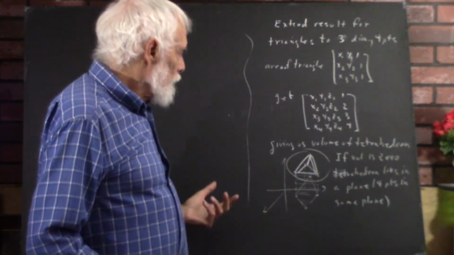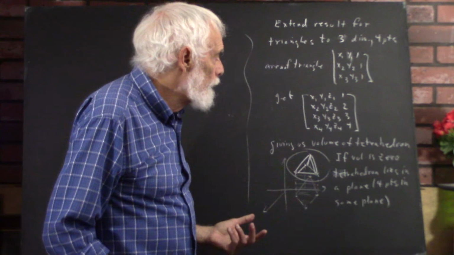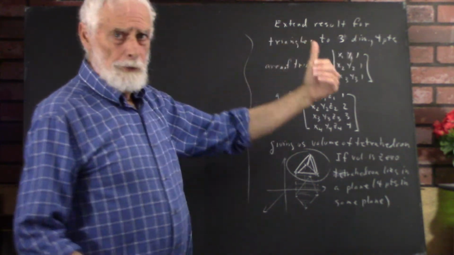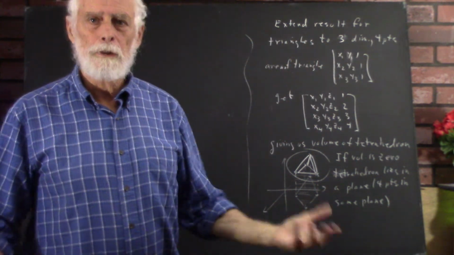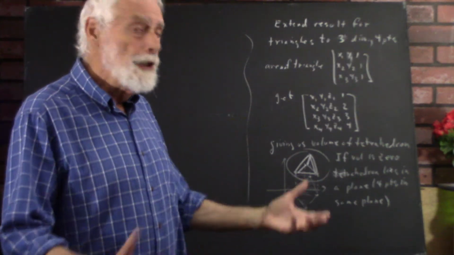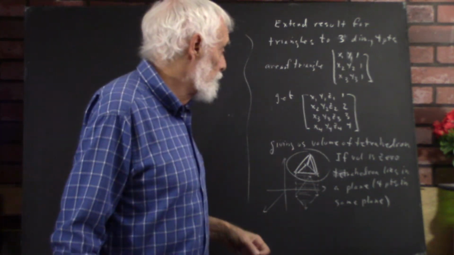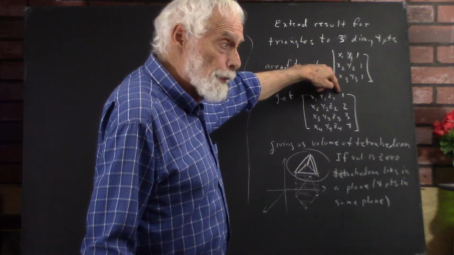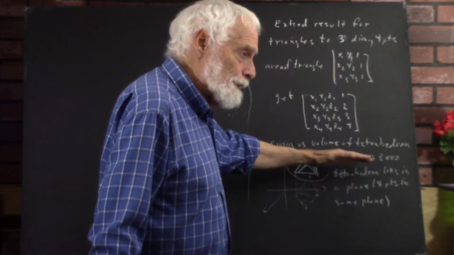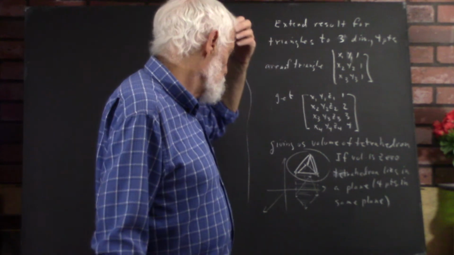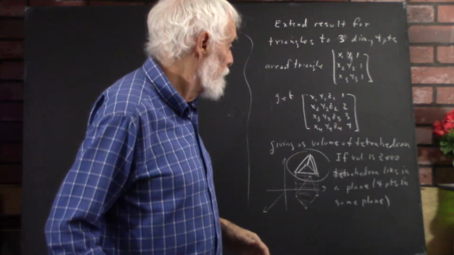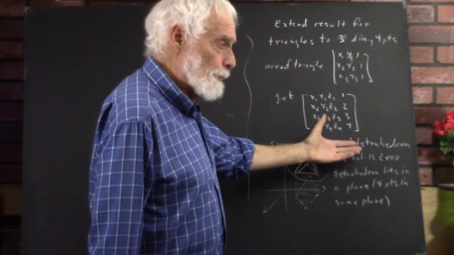We can't visualize what would happen if you had 5 points in 4-dimensional space, but we can certainly calculate it. It's really easy to calculate. It's a little messy, but you're probably going to use a computer to do it anyhow. We'd add another coordinate here and another row to our matrix, but it would look almost identical to this.